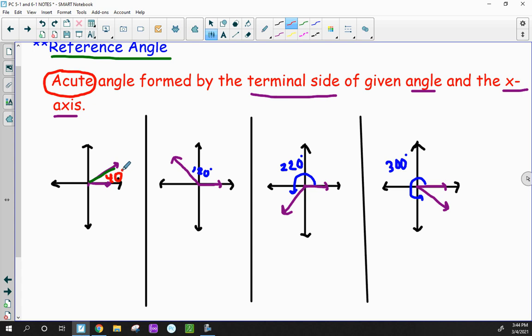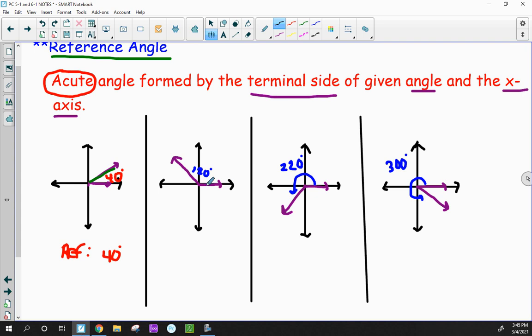So we're going to call that 40 degrees right now. Anytime I ask you for a reference angle of an angle in the first quadrant, your answer is going to be the same because that angle's terminal side, which I already highlighted for you, and also the x-axis is equivalent to the given angle.